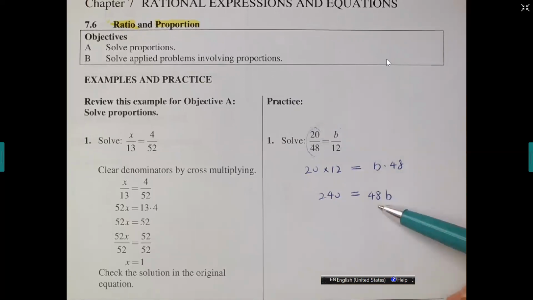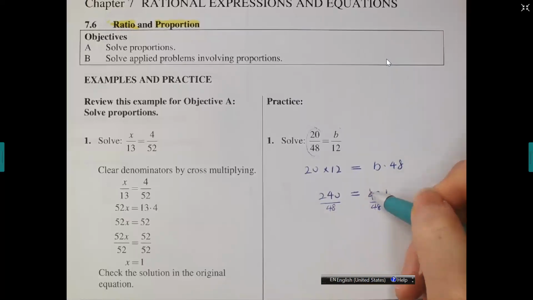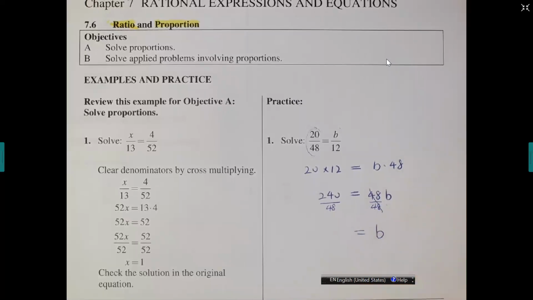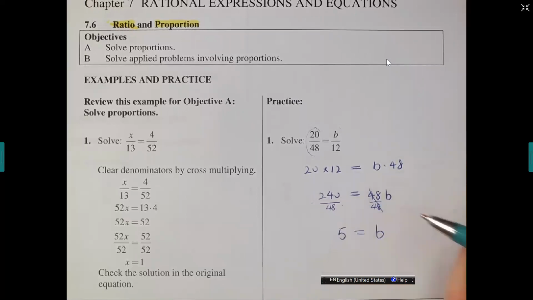We got a linear equation. How can we get b? Divide by 48 on both sides. 48 cancels out. I have b alone on the right. And 240 divided by 48 equals 5. Okay, so I got b equals 5.